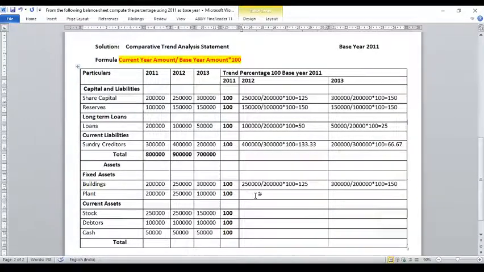So that's done with the building. Next we'll move to plant. Under plant for 2012 it is 2,50,000 divided by 2 lakh into 100. You get a percentage of, again, 125.